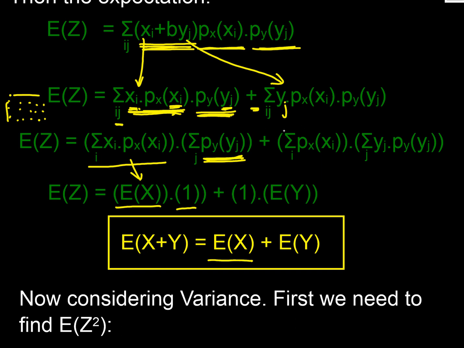This is our yj times the probability of xi and the probability of yj. And of course here we can split that in a different way, in that yj and this probability are only functions of yj, and the probability of x is only a function of x, and therefore we can again split this as if we're doing a little multiplication, and we can separate that out.